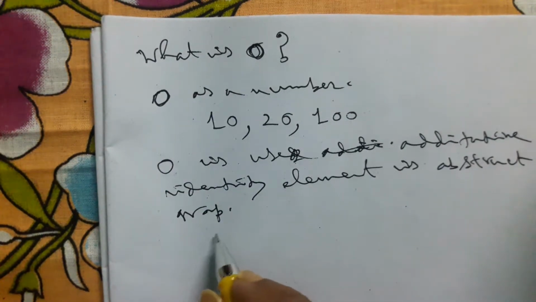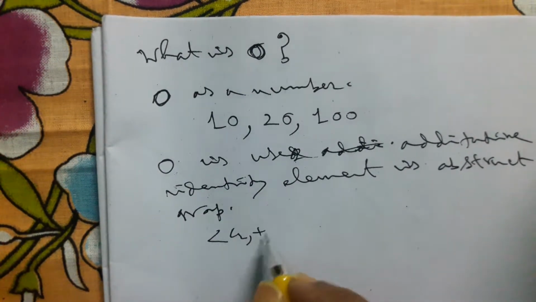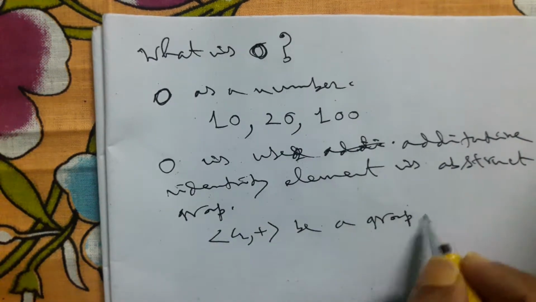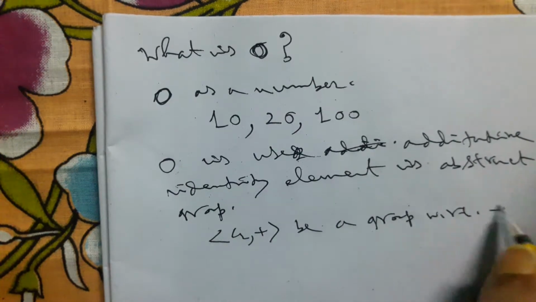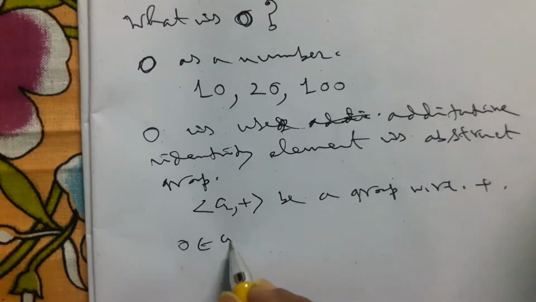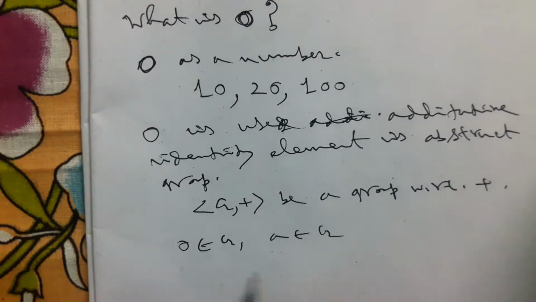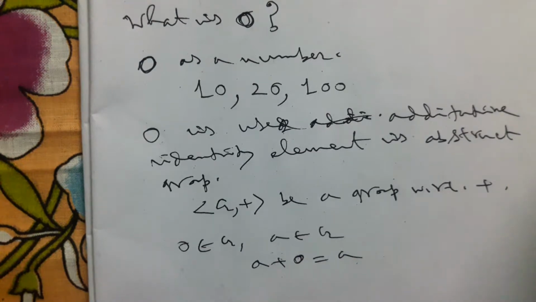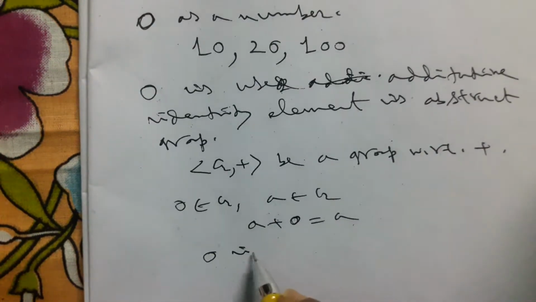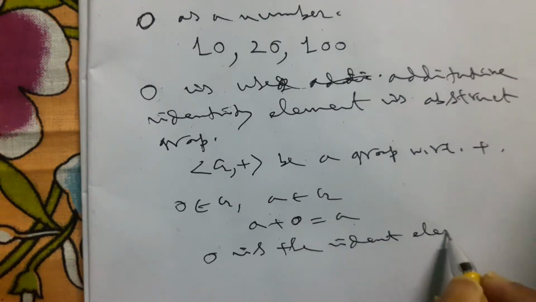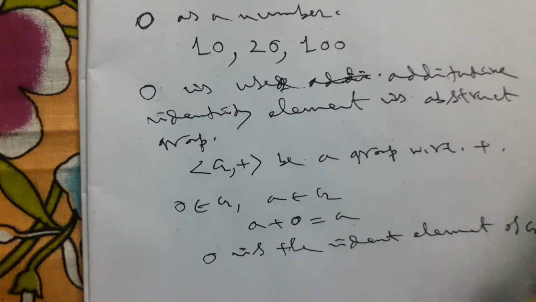That means if G, plus be a group with respect to the binary operation plus, then if 0 belongs to G and A belongs to G be any element, then we find A plus 0 will be A, the same element. So 0 is the identity element of G with respect to plus.